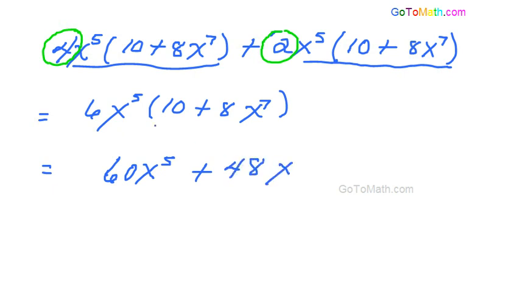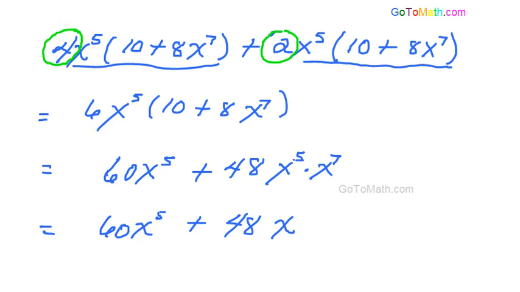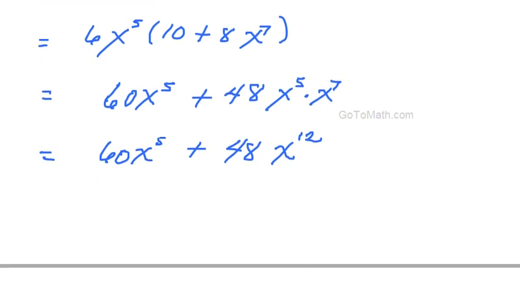And remember, since these are multiplied together, we just add their exponents. 5 plus 7 is 12. So let's write this in standard form now.